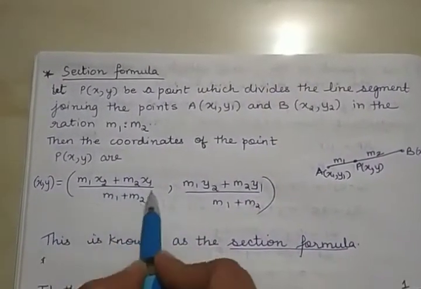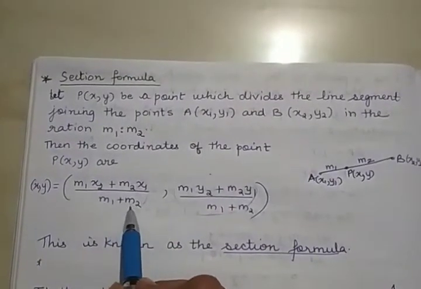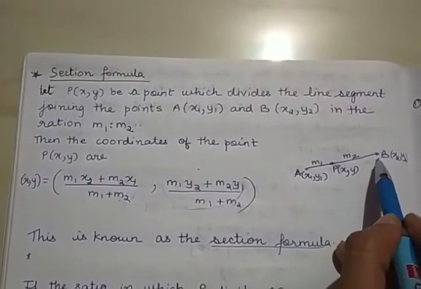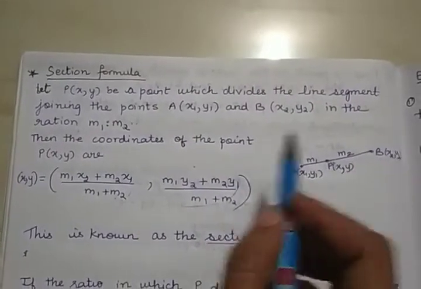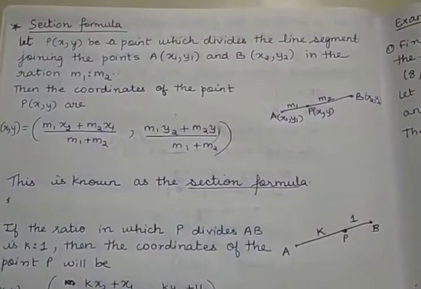So this is your x coordinate and this is your y coordinate. Using this section formula, we can find the coordinates of the point which divides the line segment AB in some given ratio.